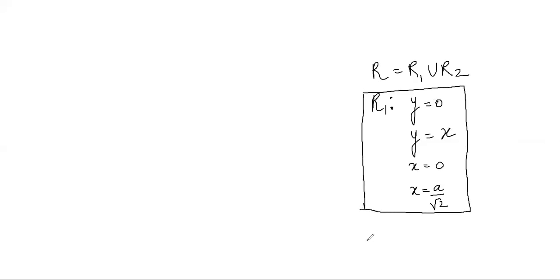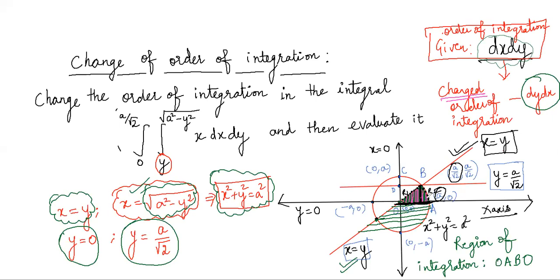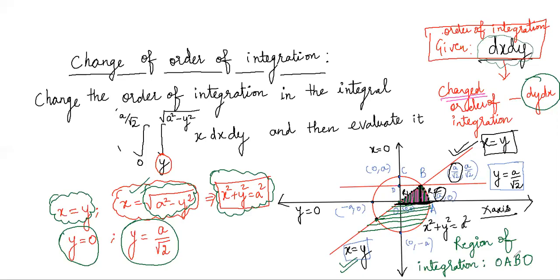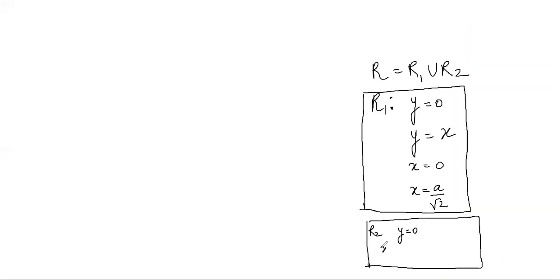Similarly, for the second region, R2, again the strips start from the same curve, which is the x-axis, whose equation is y equal to 0. But where are the strips ending now? The strips are ending on the circle, whose equation is x squared plus y squared equal to a squared.